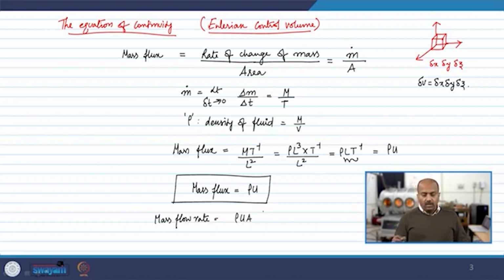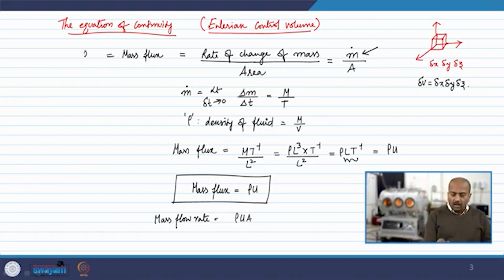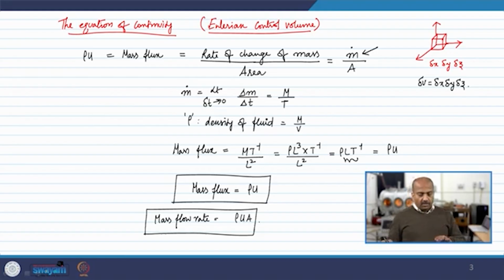Since mass flux I know as rho u, m dot can be written as rho u times the area. So, we have mass flux as rho u and mass flow rate as rho u A. That means within this volume we have the measure in the units of capital A, or the area of the element, right.